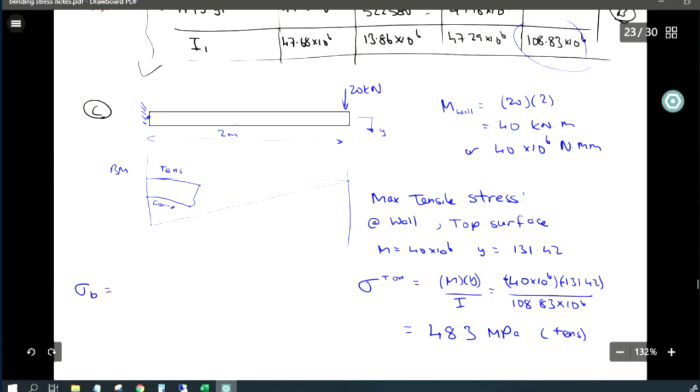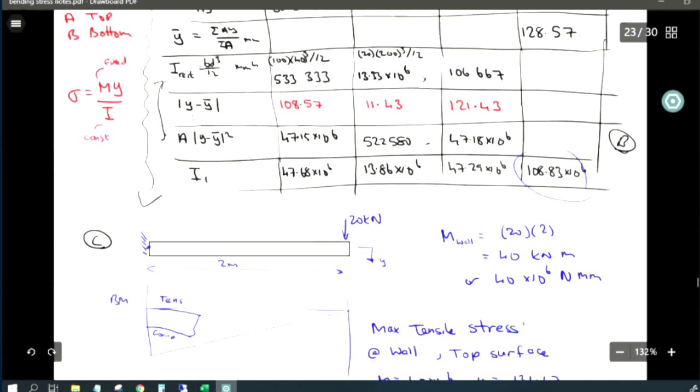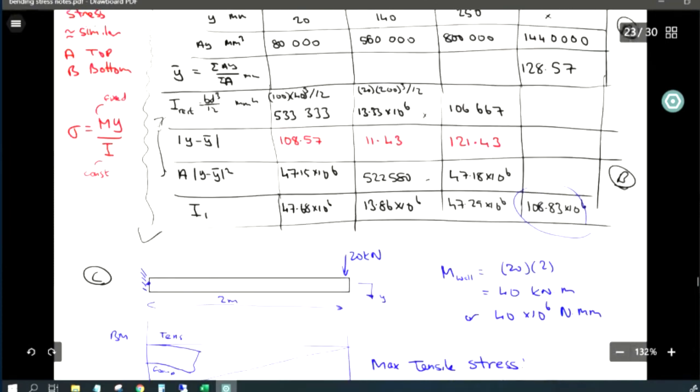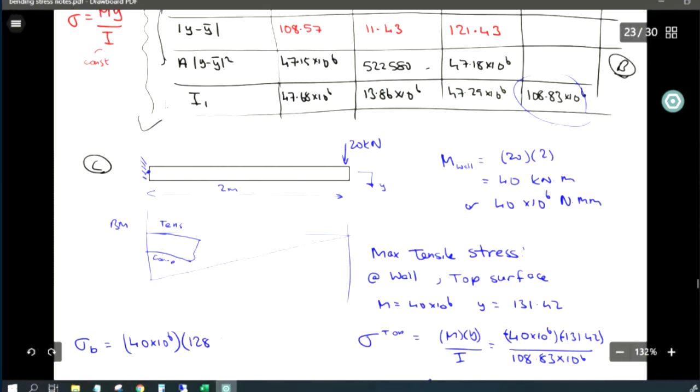Just as a matter of interest, the bottom stress would be, again, 40 to the 6. This time the Y value is 128.57, divided by 108, and that is 47.2, very close.